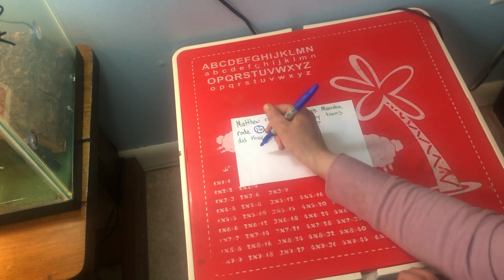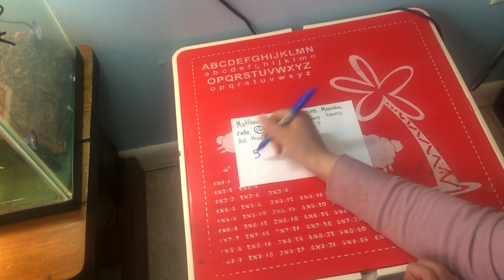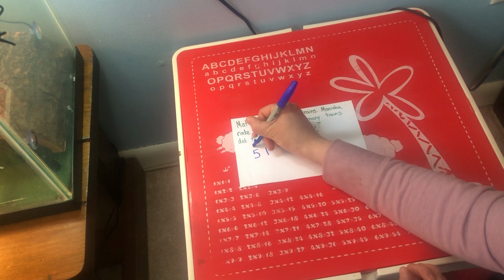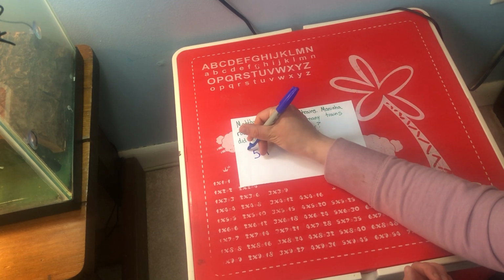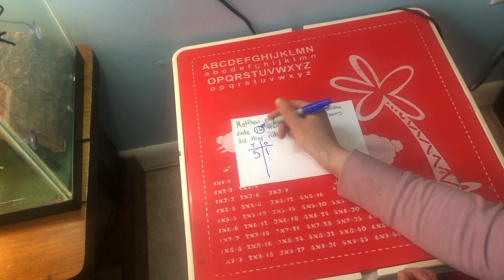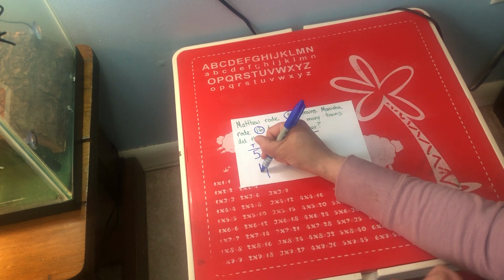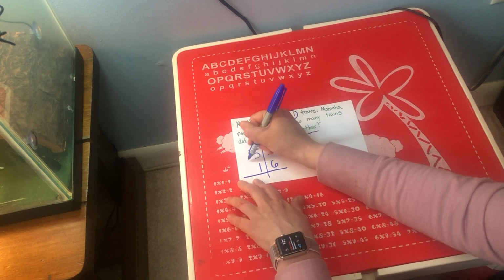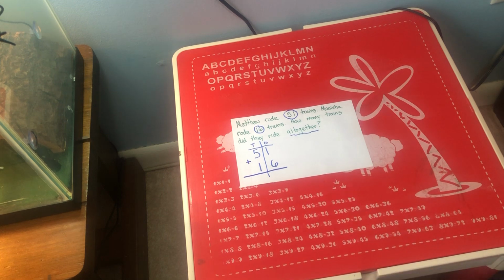So I'm going to write how many Matthew rode. 51. This is my 10s, and these are my 1s, right? And then I'm going to add that to how many Mania rode. 16, 1 10, 6 1s. And we're going to figure out how many they rode in all.